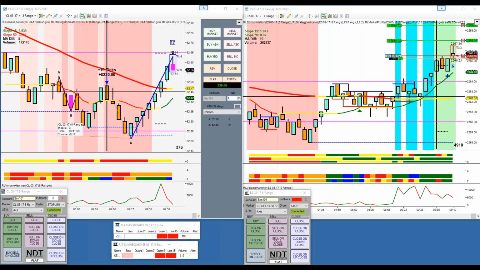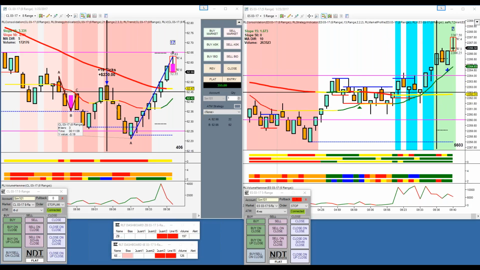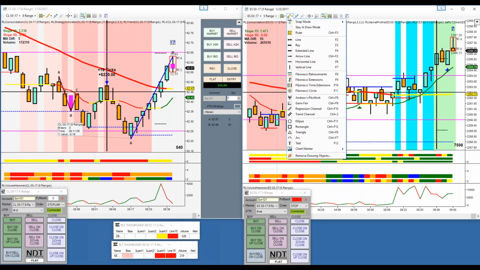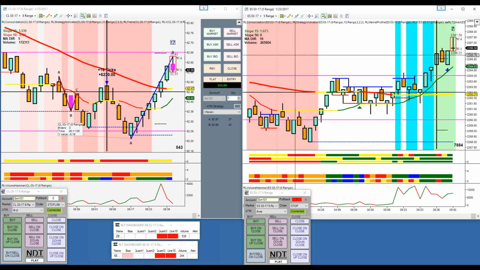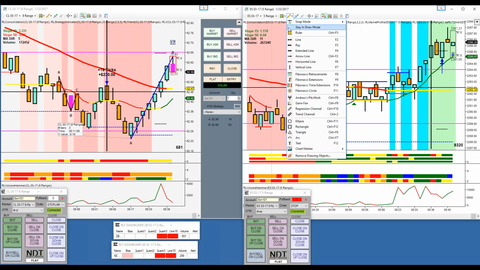That's the algorithmic signal. I didn't know it was going to take it. I didn't trigger it in the room. And that's a transition zone winner. That's an automated entry.